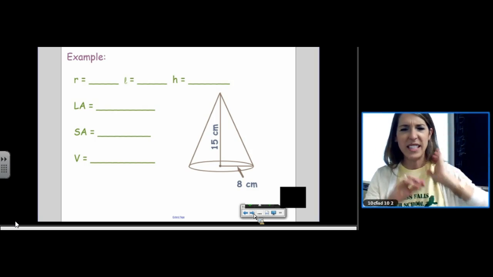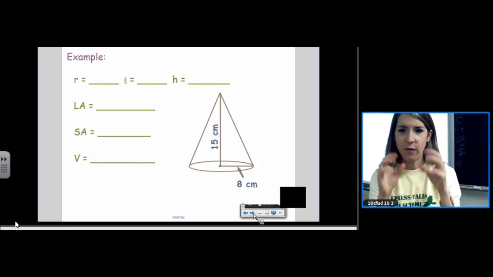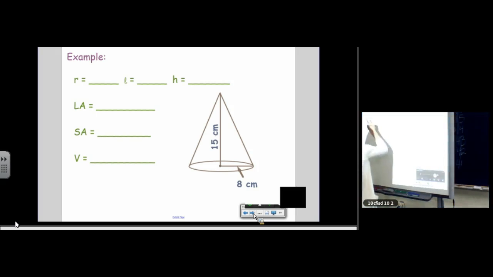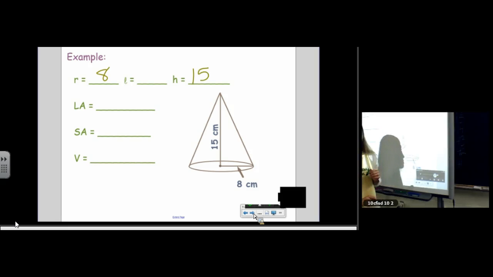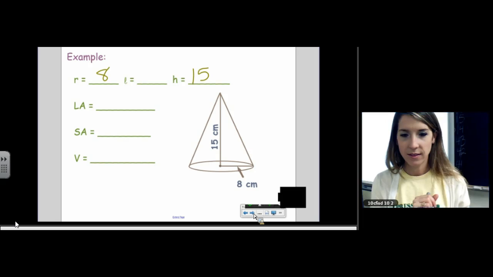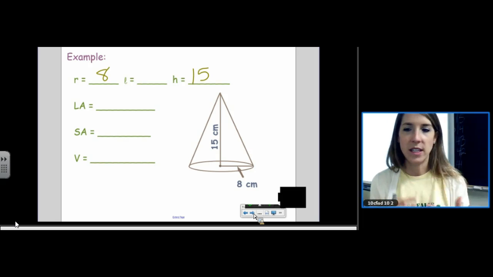All right, we're going to start off with a simple, basic formula, and then we'll do a composite figure. So I gave you R, I gave you H. Please use your toolbox to find L. We'll go through this one quickly so we can spend longer on the cooler problems.